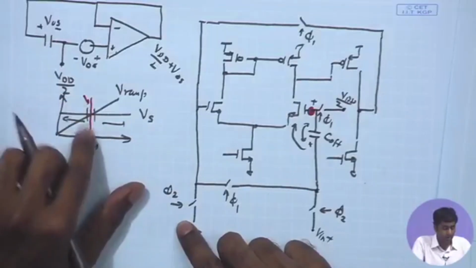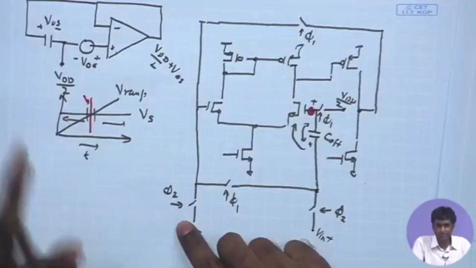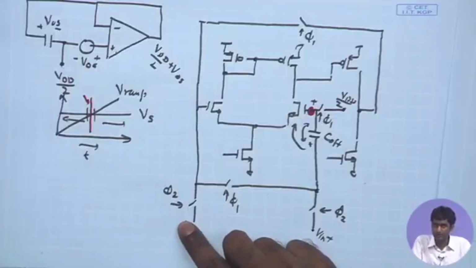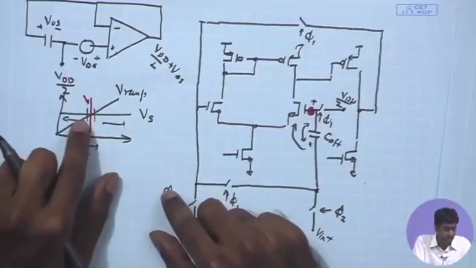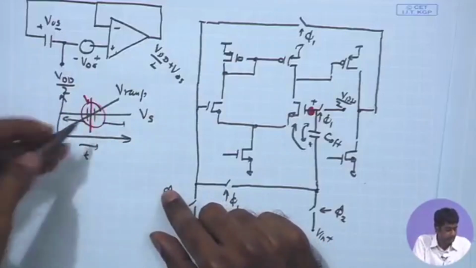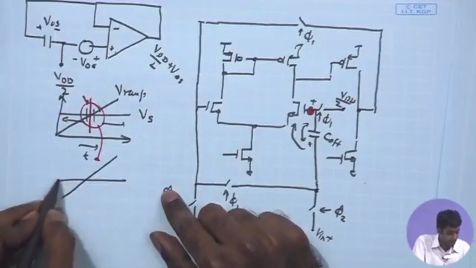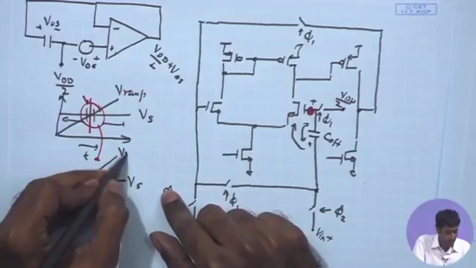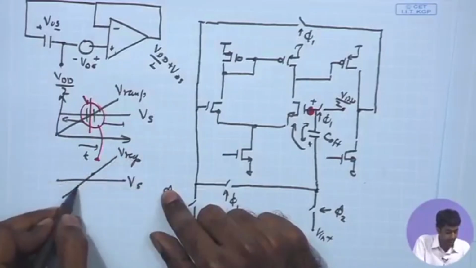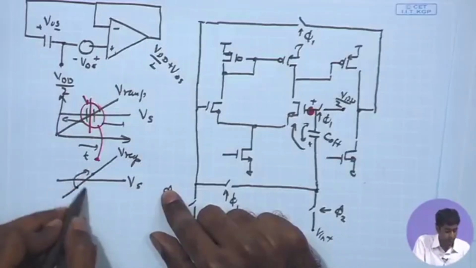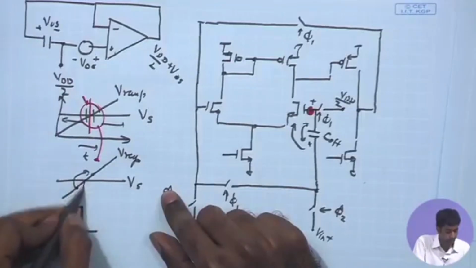The transition should happen at the right time instance, that is going to give me the correct digital value. For that, I should make sure that the gain in this region is sufficient. If I magnify this a little bit, whenever the difference between the sample voltage and V ramp is changing polarity, becoming from negative to positive, the comparator should be able to change the polarity within a very short time.